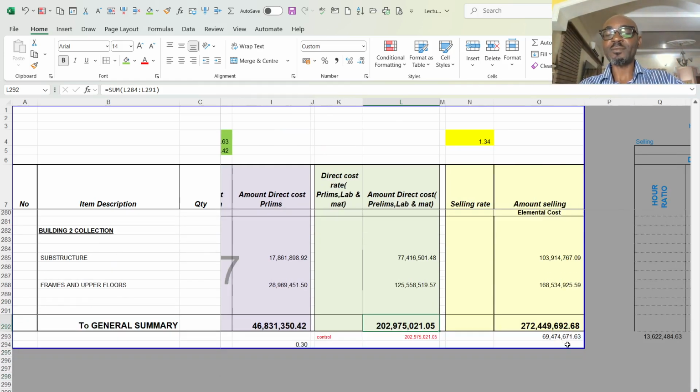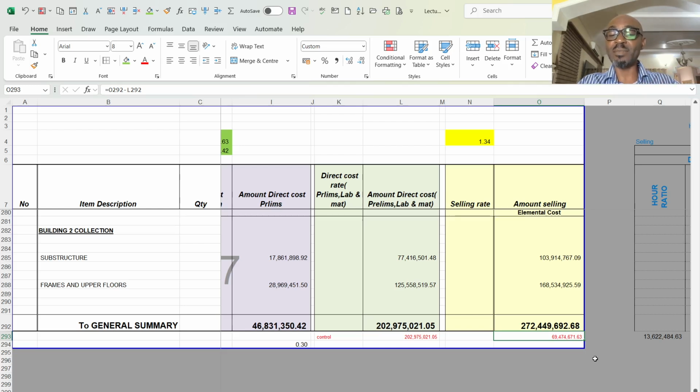Then I came here to check to see if this is another control. This is another control. I want to see if my overhead and profit will tally with my breakdown that I have done in my selling sheet.